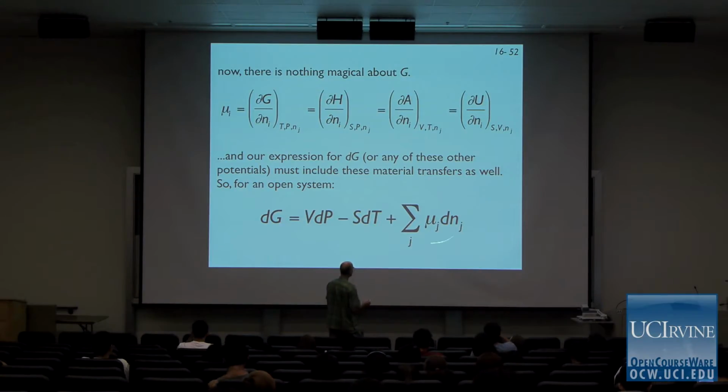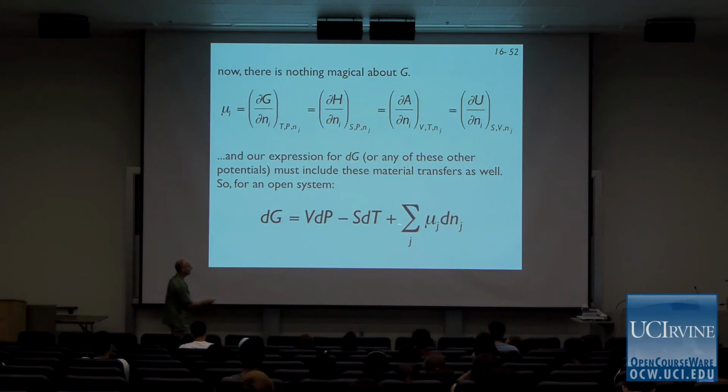That's what this term does. It is the sum of the chemical potential times the change in the number of moles of whatever component is leaving or being added to the system. If it's added, that's a summation; if it's subtracted, it's a subtraction. We add the chemical potential times the number of moles for each species being added or subtracted from the system.